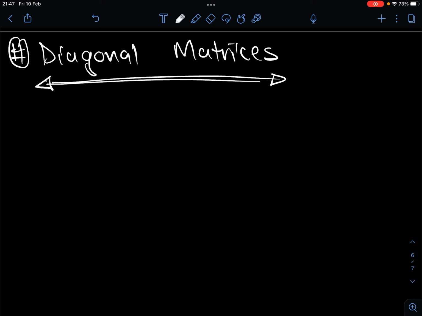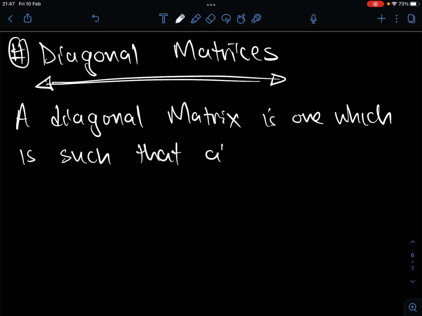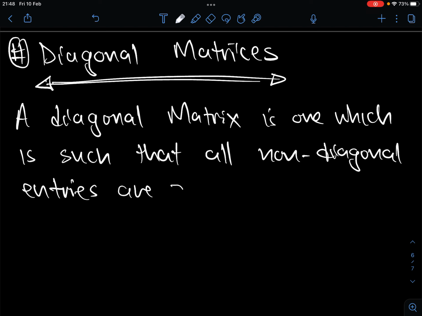A diagonal matrix is one which is such that all non-diagonal entries are zeros.